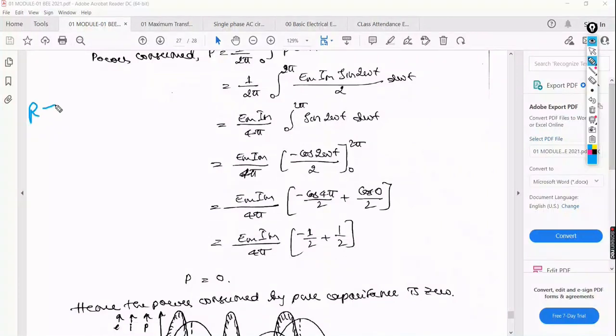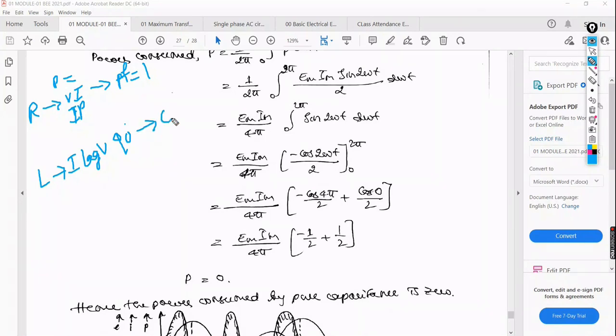For pure resistance, voltage and current are in phase. Then the power factor is equal to 1, and P is equal to V into I. In case of inductance, current will lag voltage by 90 degrees.